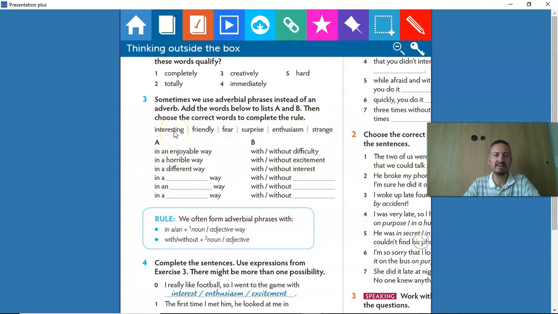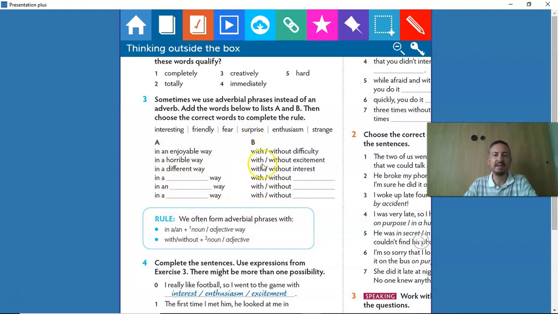Interesting is an adjective, so in an interesting way. Friendly is an adjective, so in a friendly way. And strange is also an adjective, so in a strange way. All of them are adverbial phrases following this pattern.